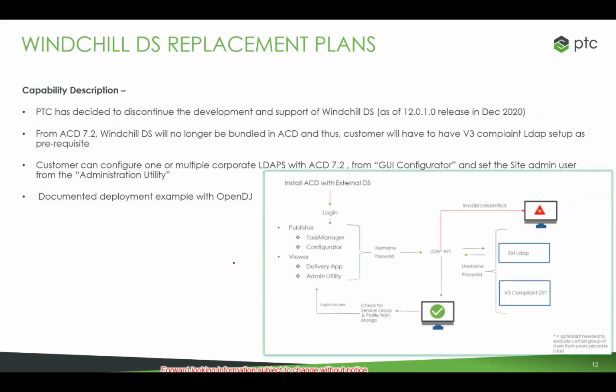And the other big improvement or highlight that I would like to focus on for 7.2 will be the replacement or retirement of Windchill DS. So Windchill DS is the PTC homegrown solution for directory services. And PTC has made a decision to discontinue its development and support. That happened around December 2020 across all its products. And we are also adopting that change or following that guideline with ACD 7.2. And we are decoupling it from ACD itself.